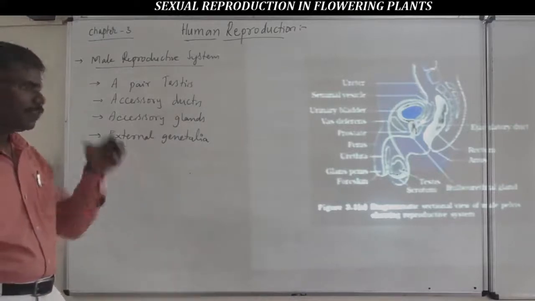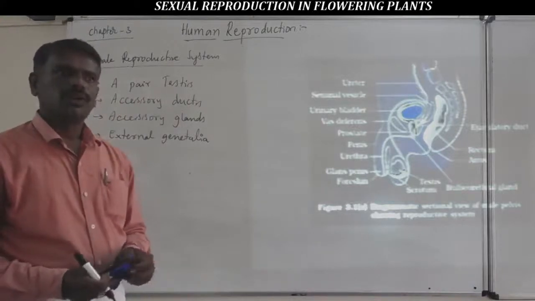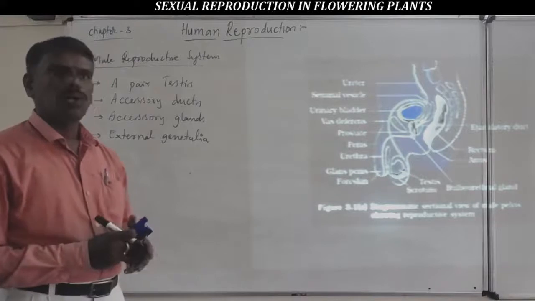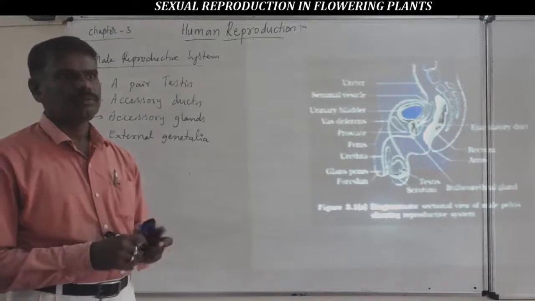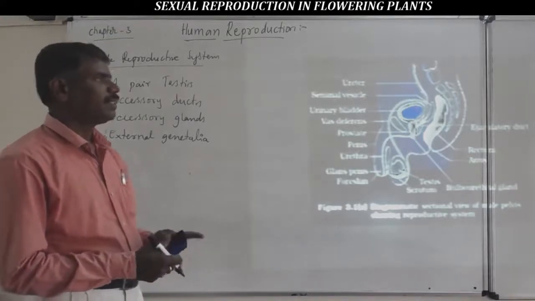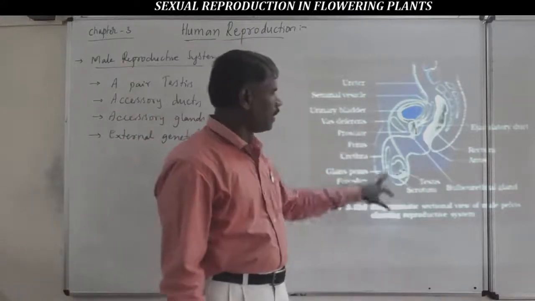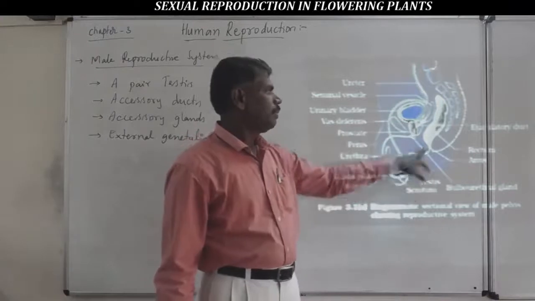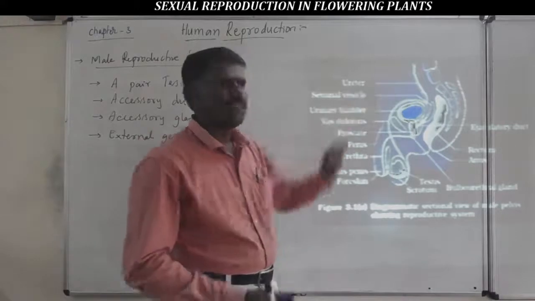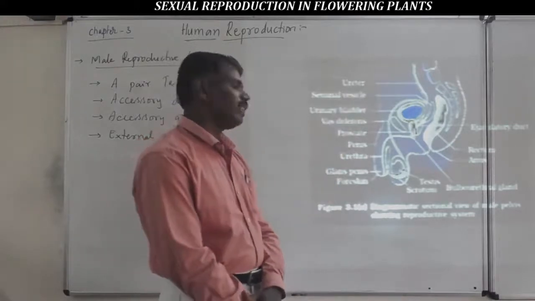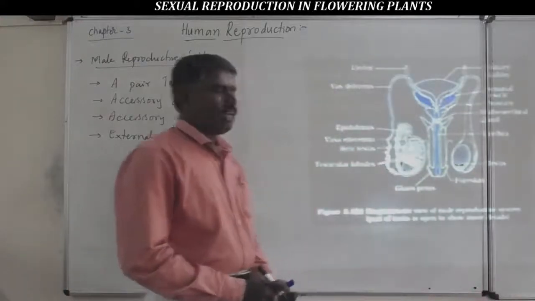Genitalia. The male reproductive system is present just below the abdominal cavity, that is, in the pelvic region. As you see, this is the cross section of the entire male reproductive system, which is present below the abdomen or abdominal cavity.